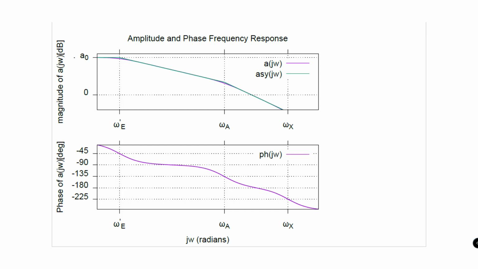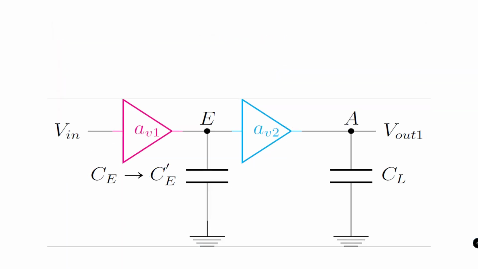Now, in order to push this particular pole omega e to this new pole location omega e prime, one needs a large capacitor at node E. But having a large capacitance at the intermediate stage not only consumes a large area to realize this large capacitor, but also introduces a mismatch between the differential output nodes. So one needs a way which gives us a large capacitance but without consuming a lot of area.